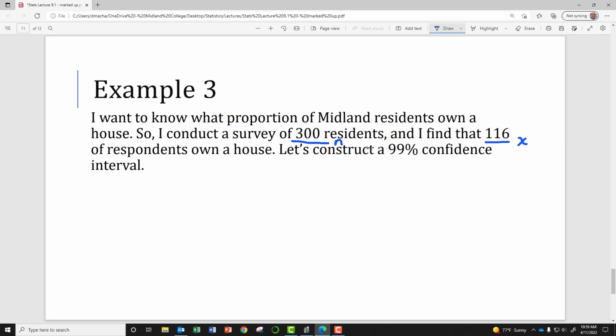And what we're going to do is construct a 99% confidence interval, so we can see, if I want 99% confidence of where that population proportion lies, how wide does my confidence interval have to be? Of course, it's going to be centered around my sample proportion, which is just x over n. For us, that means 116 divided by 300.